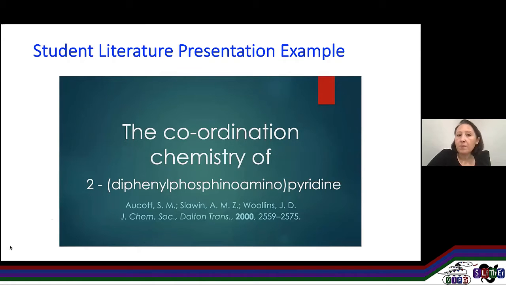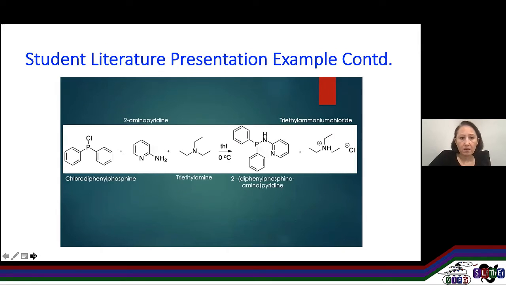So this is a sample presentation, what we expect from students to do. And most of the time, this is the first literature presentation that they're giving in chemistry. So we focus on, for example, the importance of citations. They don't really get this right most of the time, and they just write the release date, so we talk about ACS and other citation formats as a starter.